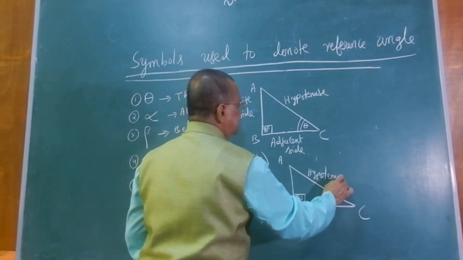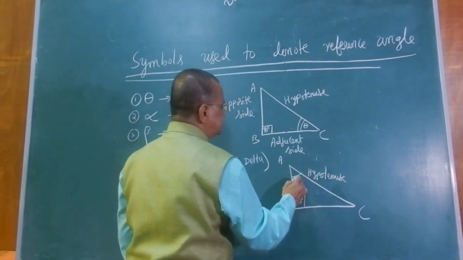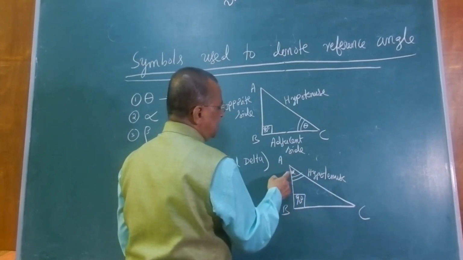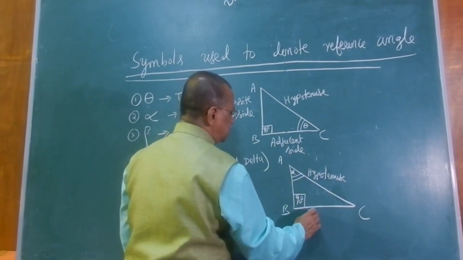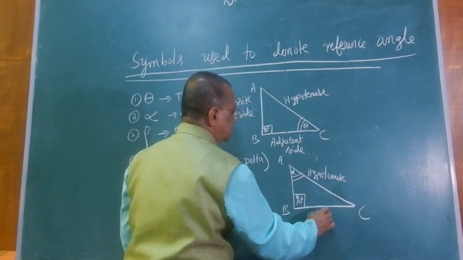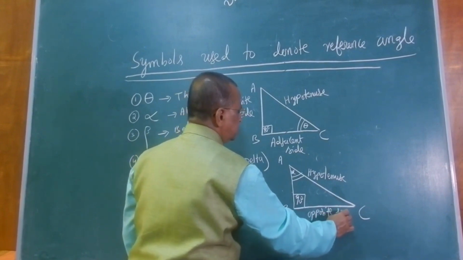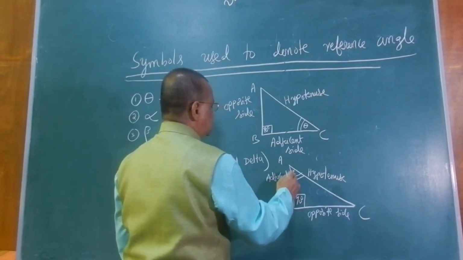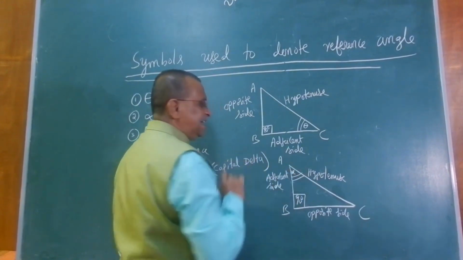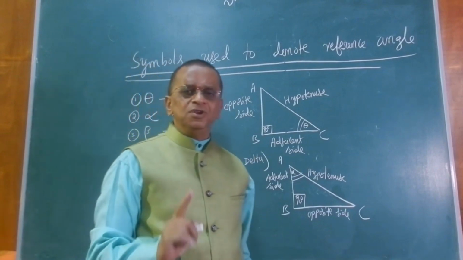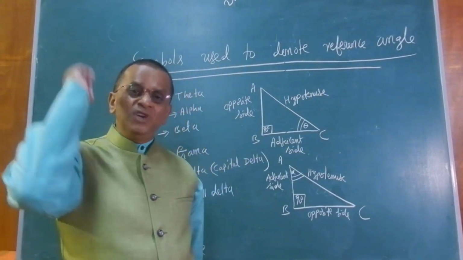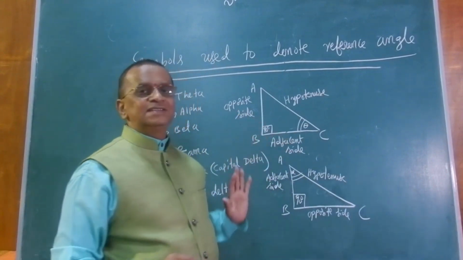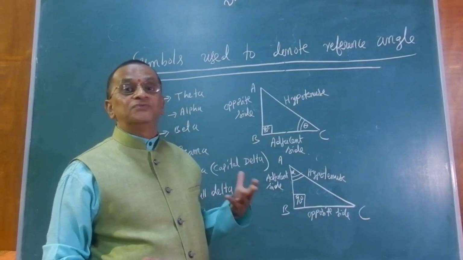Suppose I take reference angle as this angle, if I take it as alpha, say, then the side opposite to alpha, that is reference angle, becomes opposite side, and this becomes adjacent side. Therefore, in a right angle triangle, hypotenuse is the only fixed side, opposite to 90 degree, but opposite side and adjacent side depend on the reference angle.